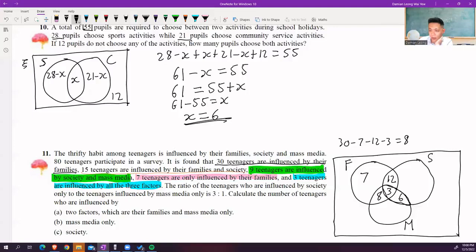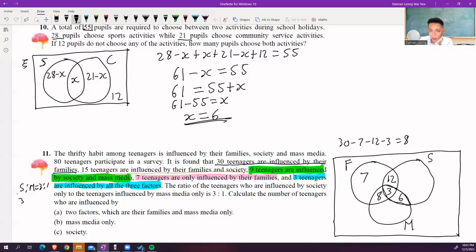Yeah. Then next sentence: the ratio of the teenagers who are influenced by society only to the teenagers influenced by mass media only is 3 to 1. Okay. Means that society to mass media ratio is 3 to 1.